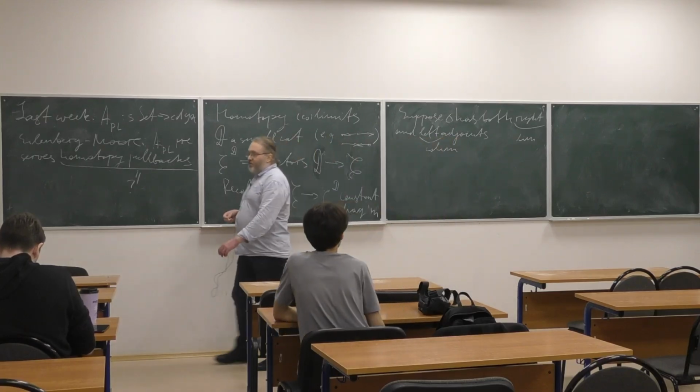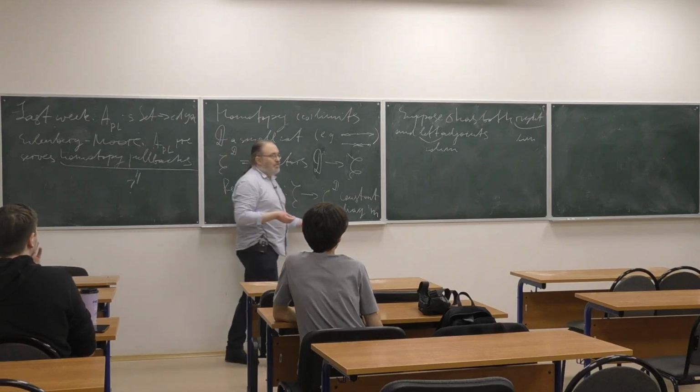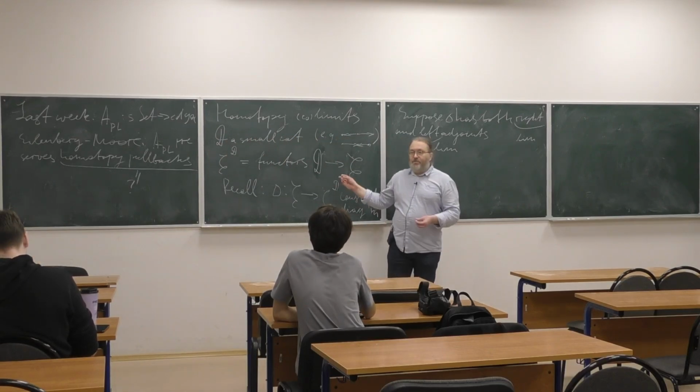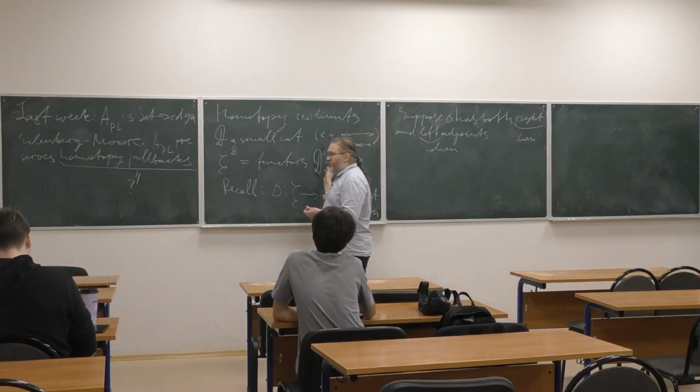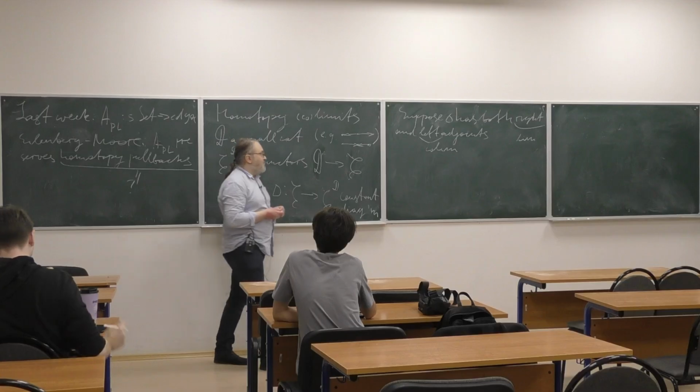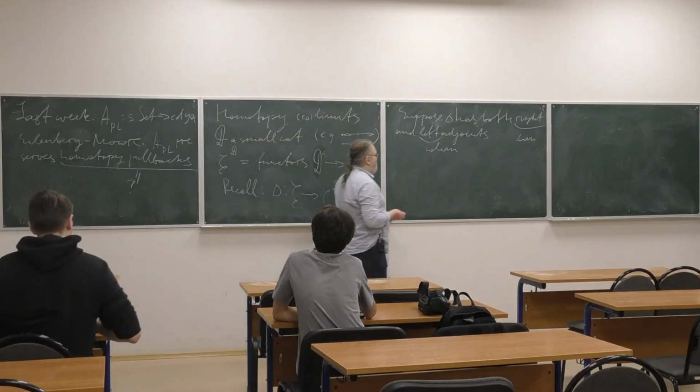In which case the left adjoint is called the co-limit of a diagram of shape D, and likewise the right adjoint is the limit.